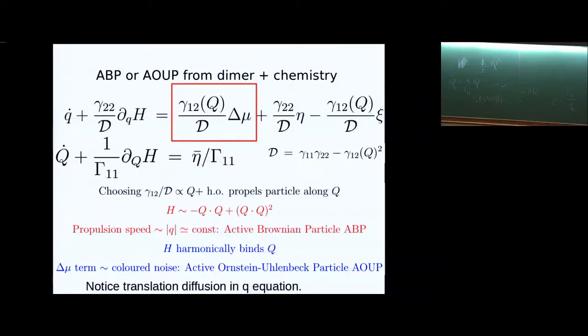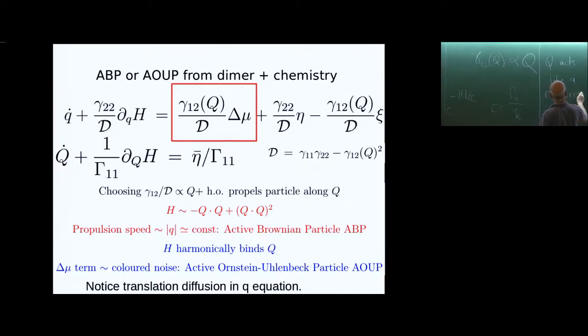Supposing I take a very simple case of gamma 12 being just proportional to Q. Then it's as though capital Q enters the little q equation as a kind of noise with time correlations on a time scale tau. So capital Q is what is called a colored noise.